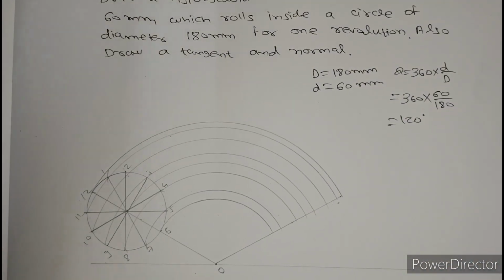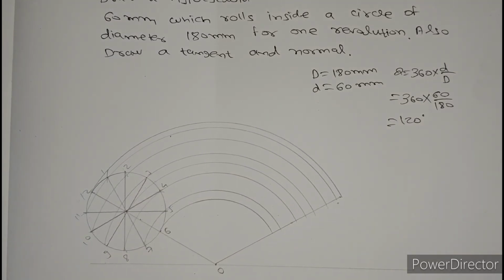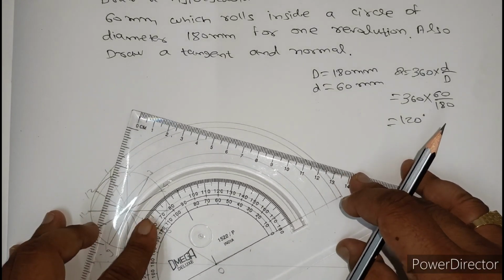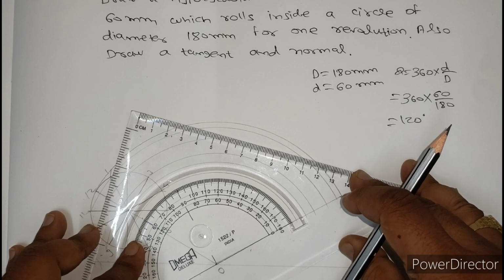Okay students, after dividing the circle into 12 equal parts, now what you have to do? You have to make 12 parts of this angle. This is a 120 degree angle, so you have to make 12 equal parts.